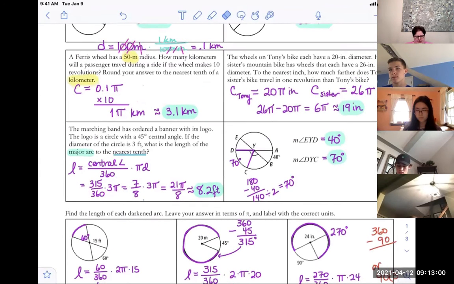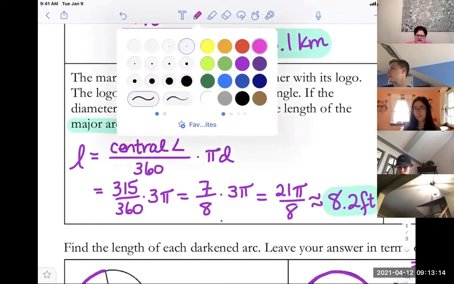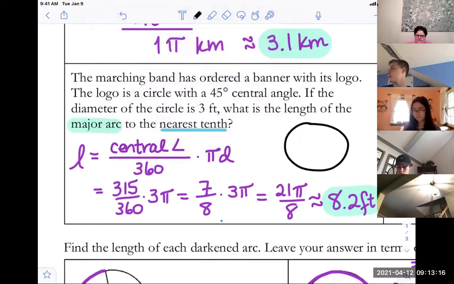All right, so for the arc length, for this one, for example, remember that the length of the arc, so if you have a circle, it said that the central angle measure was 45 degrees.